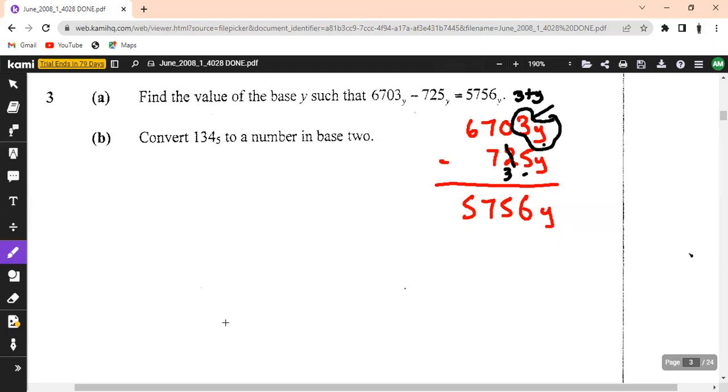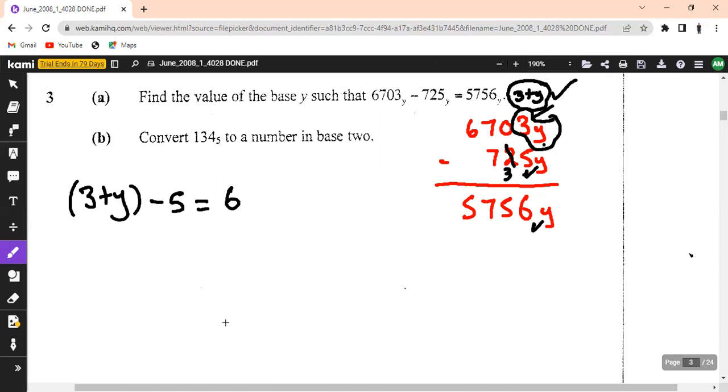So from these two, we are going to formulate an equation to say this part that we added here, 3 plus y, this is what we are now having here, minus this number, which is 5, we must obtain this number that we are given, which in this case is 6. So this is what we are supposed to have. So the question is, what are we going to do now to find the value of y?